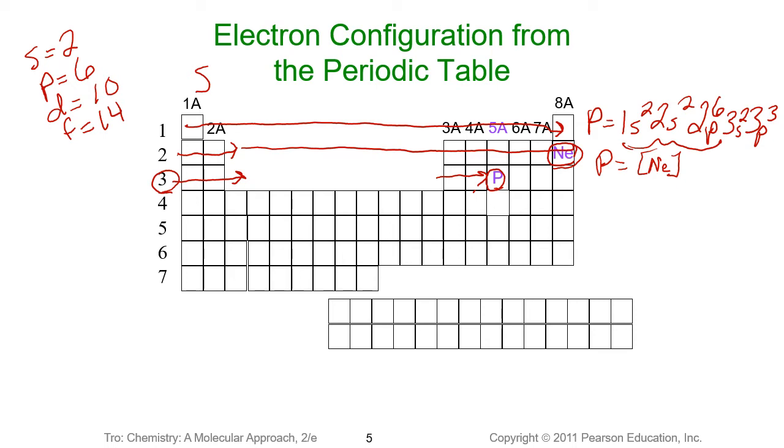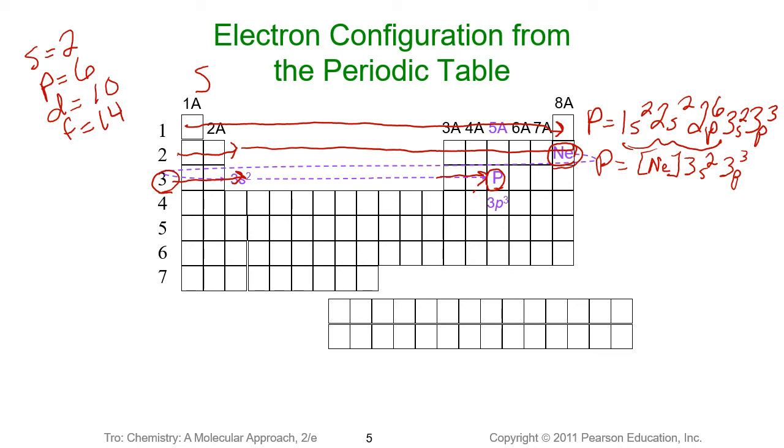We write it in brackets. Now we're going to read left to right. We're going through the 3s orbital with 2 electrons in it, and then we travel into the 3p orbital. Again, we're still traveling 3 boxes. So our shorthand notation is going to be [Ne] 3s2, 3p3.